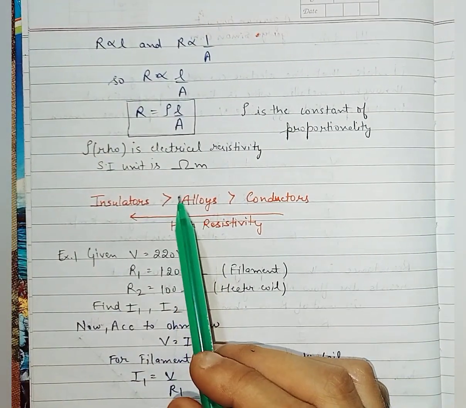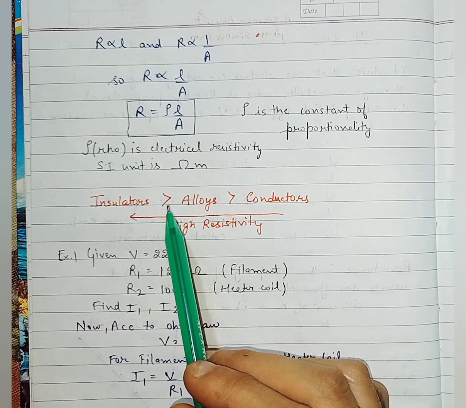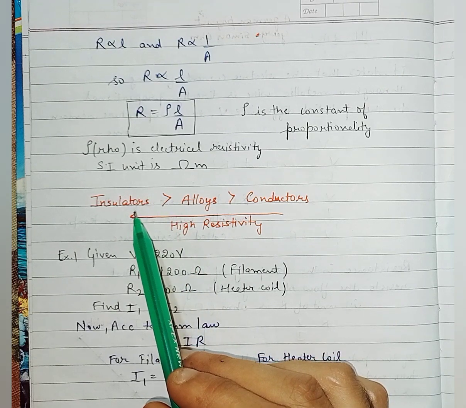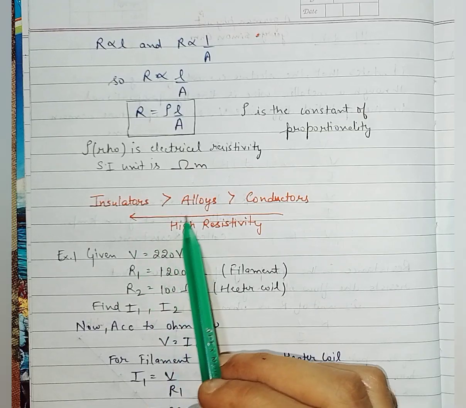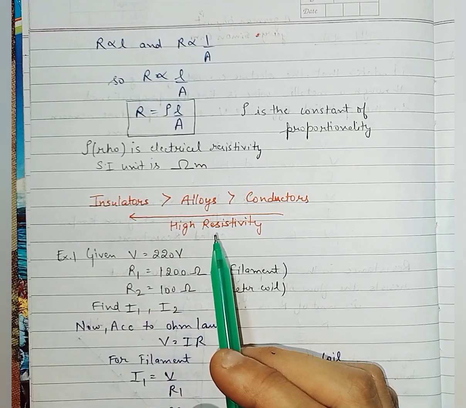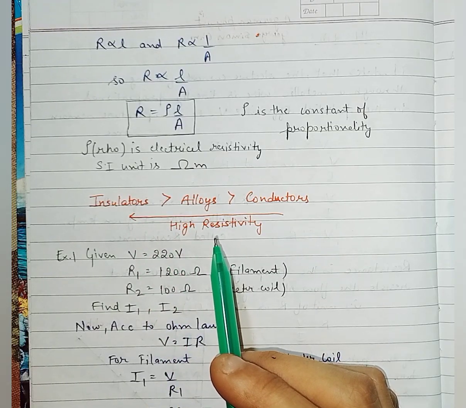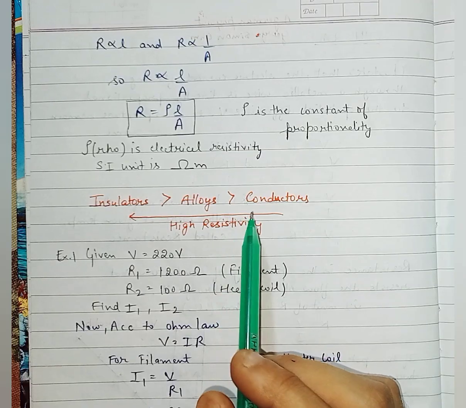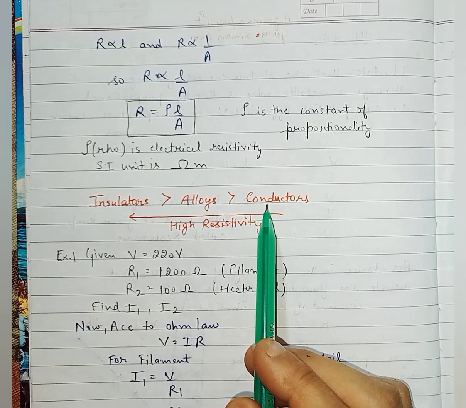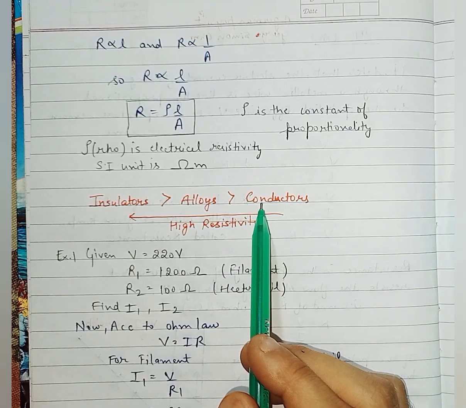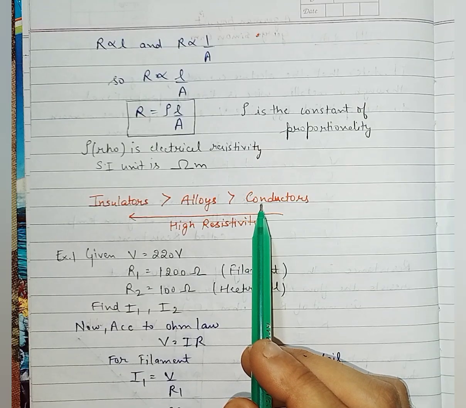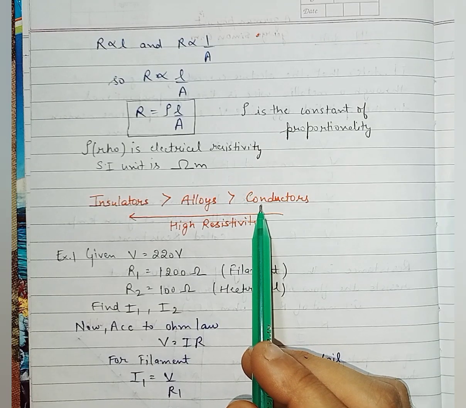If we consider some materials like insulators, alloys and conductors: insulators are those which cannot pass current through them. Alloys are those which pass a small amount of current, and conductors pass current without any opposition or resistance.